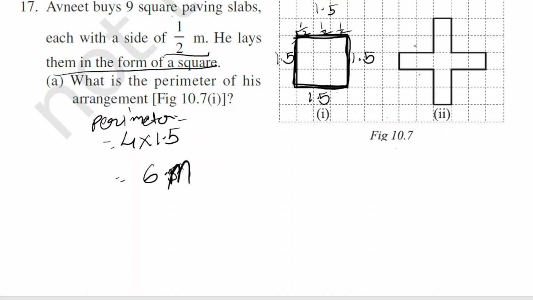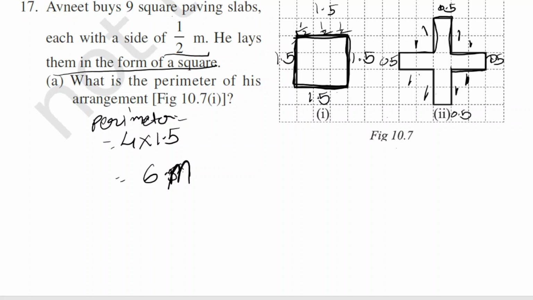And coming to the other arrangement, here it is 1 meter, and here it is 0.5 meter, and here it is 1 meter, and here it is also 1 meter, and it is 0.5, and here it is 0.5. This is 1, this is 1. So the perimeter is nothing but all the lengths of the boundaries.